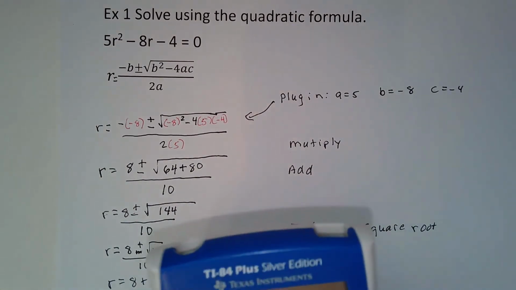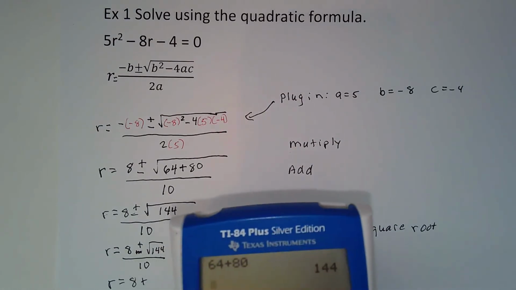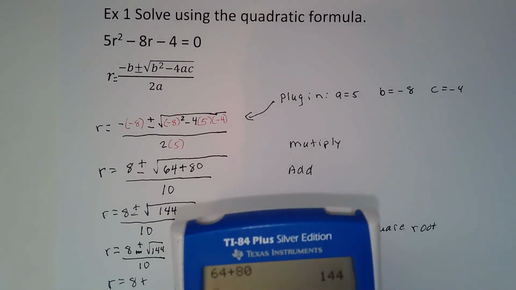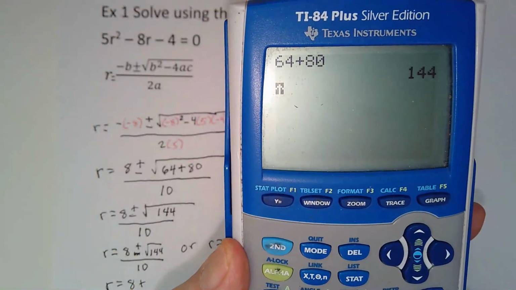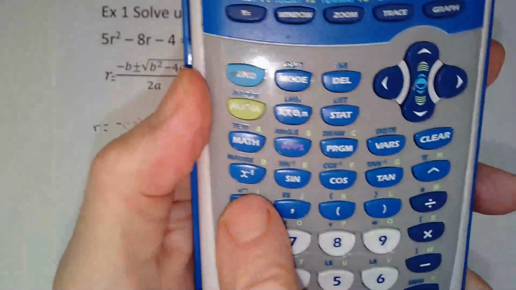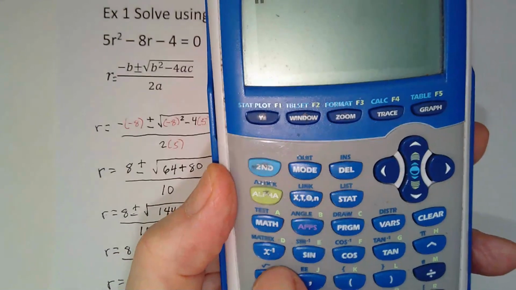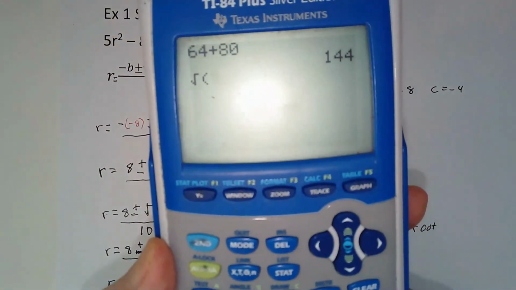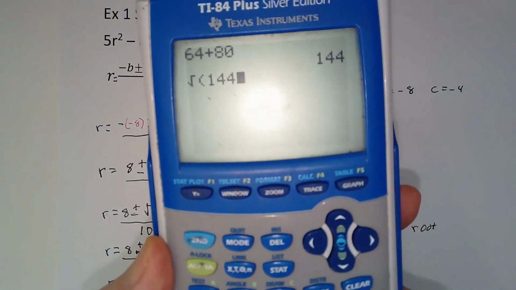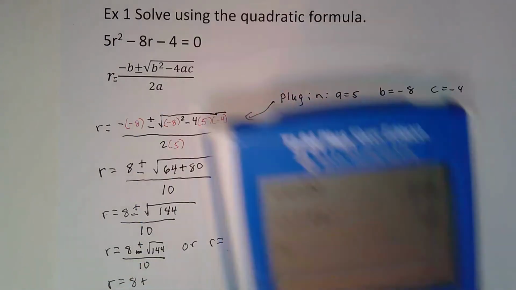That's if you know your perfect squares, but if you don't, then what you're going to do is go up here, and for this answer 144, I'm going to click the second button, and then click the square root button, which is the blue one behind the x squared button. I put in my 144 and close my parentheses, hit enter, and I get 12.